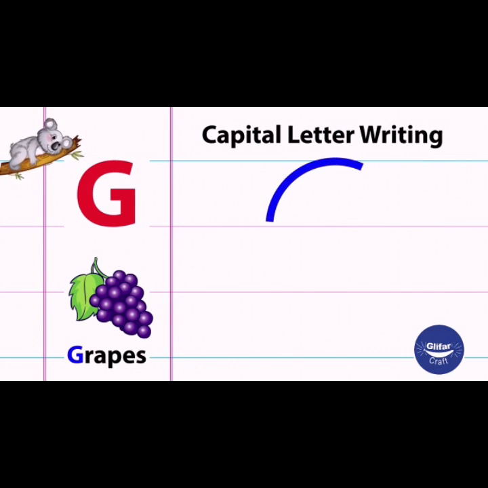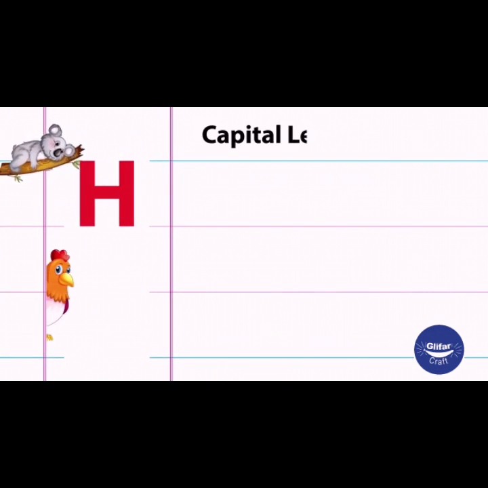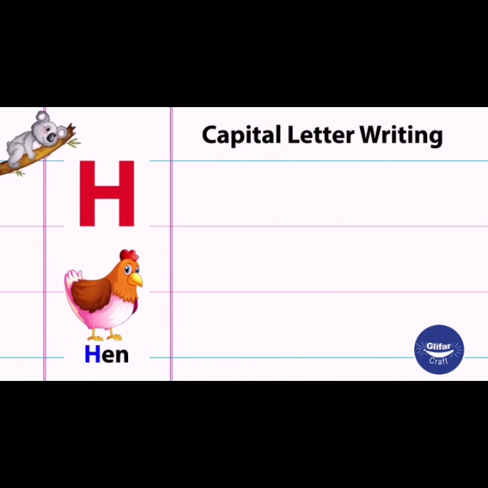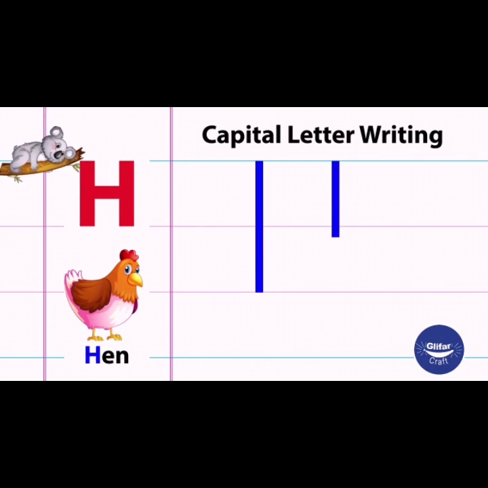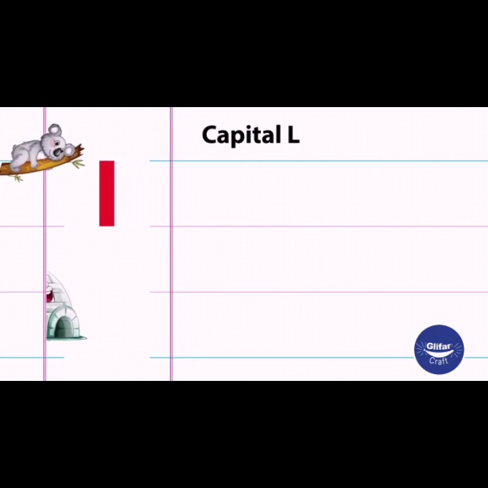For letter G, we will use a curve like this, then a sleeping line, then a standing line to join this curve. H. Hen. We will use a standing line, then one more standing line and then a sleeping line in the mid to join these standing lines.